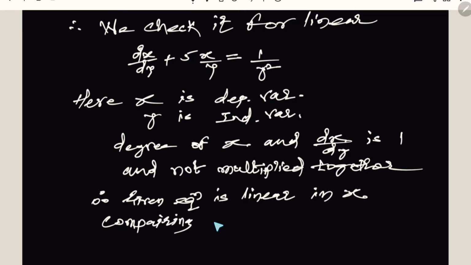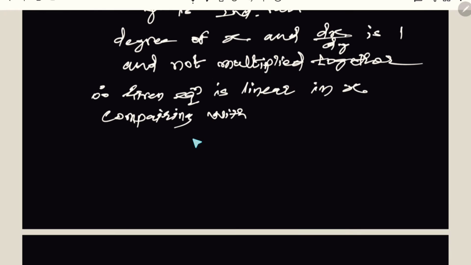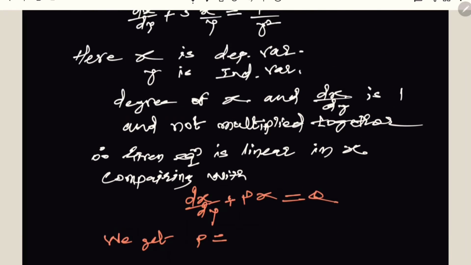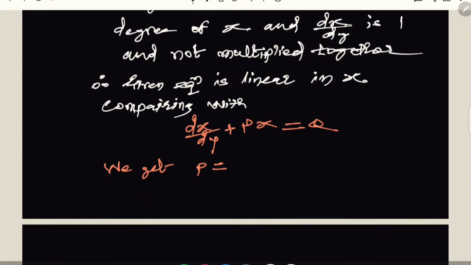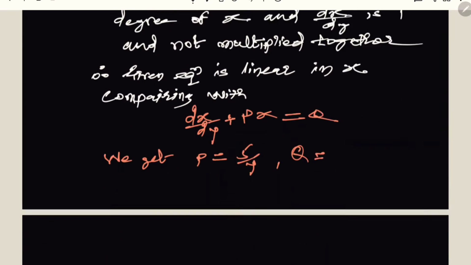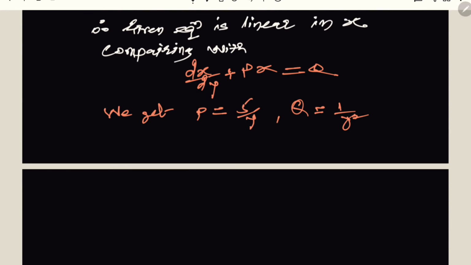Then comparing it with the general form dx by dy plus P into x is equal to Q, where P is the coefficient of x and Q is the value on the right hand side. For this particular example, P is 5 by y and Q is 1 by y square.